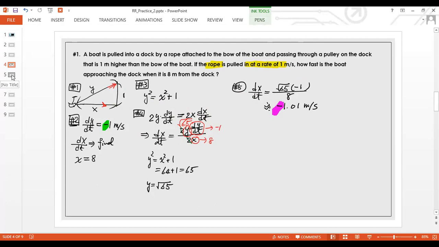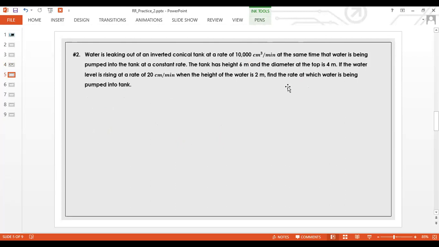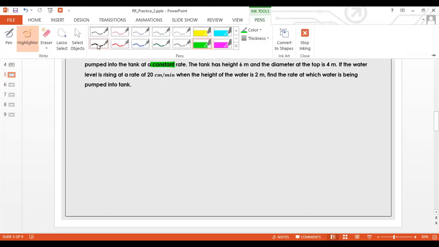So now let's take a look at the second one here. They say the water is leaking out of an inverted conic tank at a rate of 10,000 centimeters cubed per minute. At the same time, the water is being pumped into the tank at a constant rate, okay?